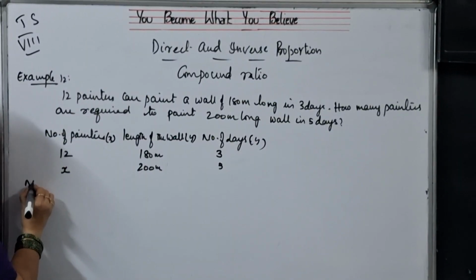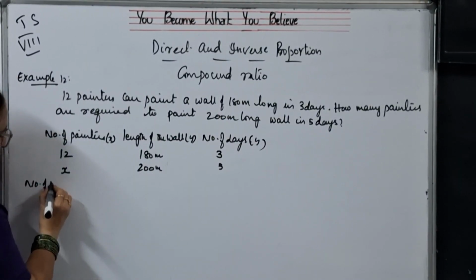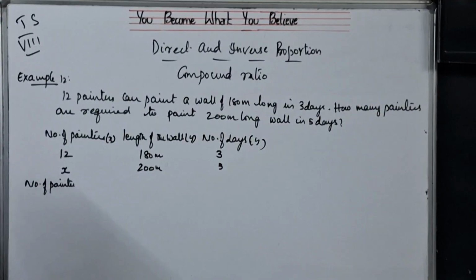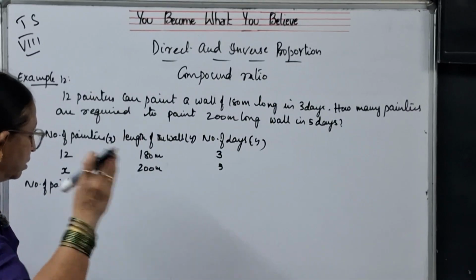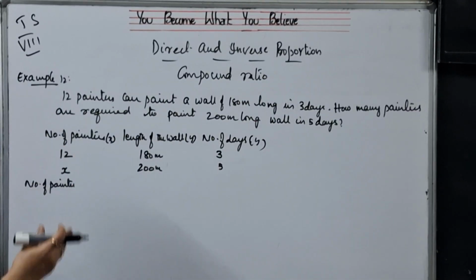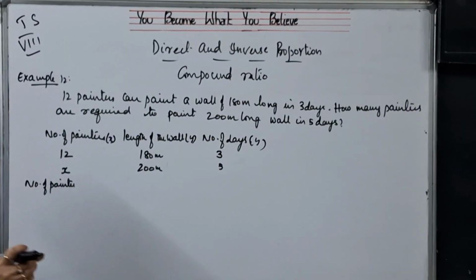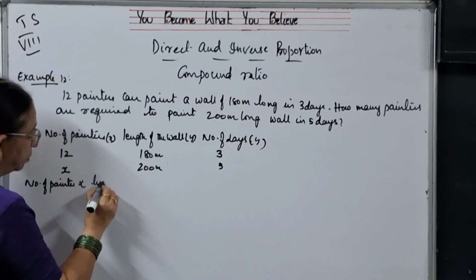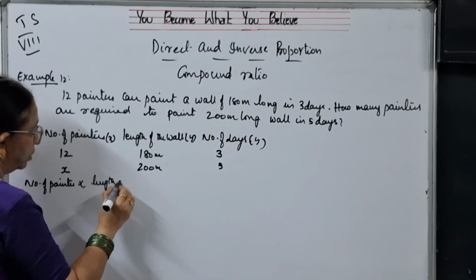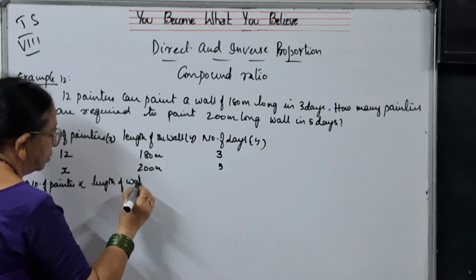Now, number of painters. When the number of painters increases, the length of the wall will increase, they can cover a lot of distance. So number of painters is directly proportional to length of the wall.